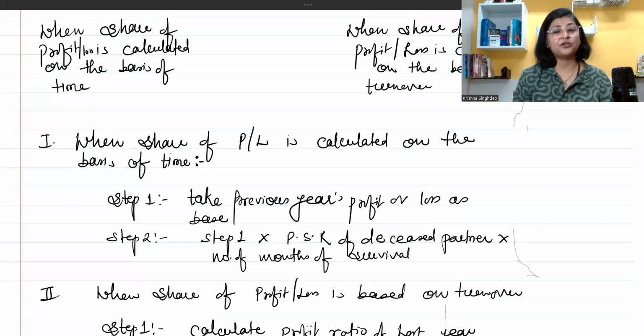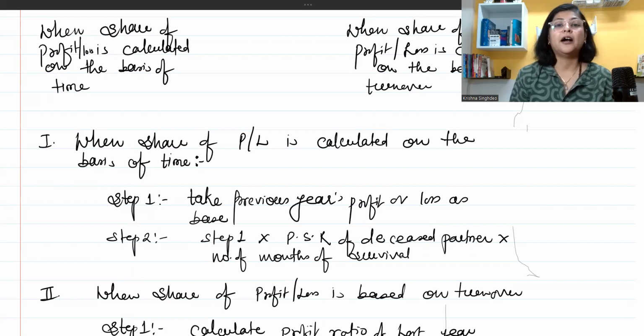But this is an unusual year because here we are calculating the profit for a part of the year, because the partner died. On the basis of his months of survival, we have to calculate his share of profit, and it is to be given to the executor. Whosoever is the executor of the deceased partner, he is to be given this share of profit. That is why we are doing it.